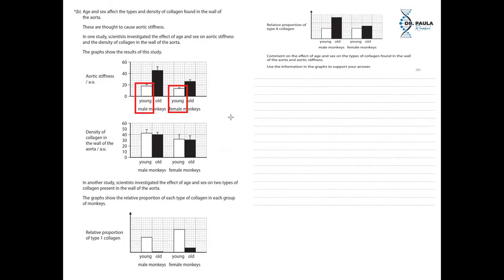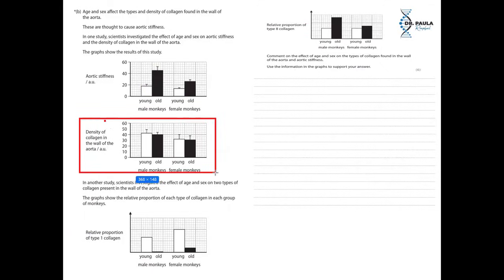So as you see, just from one graph, we could get many ideas. Another graph we can check here is the density of collagen, for example. Let's try to say it with me. Same idea here, the old male monkey and young male monkey.